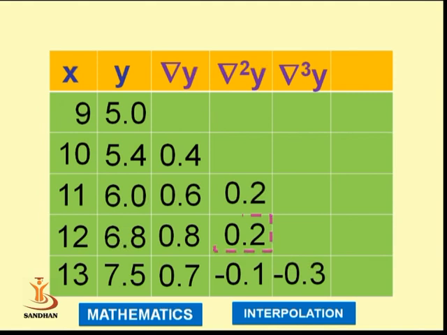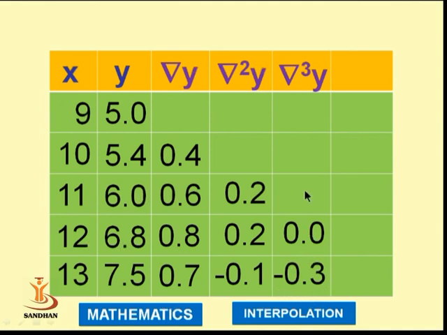And nabla 3 y4 is computed as nabla 2 y4 minus nabla 2 y3, which is 0.2 minus 0.2, equal to 0. Since we have a table of 5 points, the number of terms for the third order backward difference would be 5 minus 3, which is equal to 2. And so we have already computed the 2 terms for the third order backward difference.